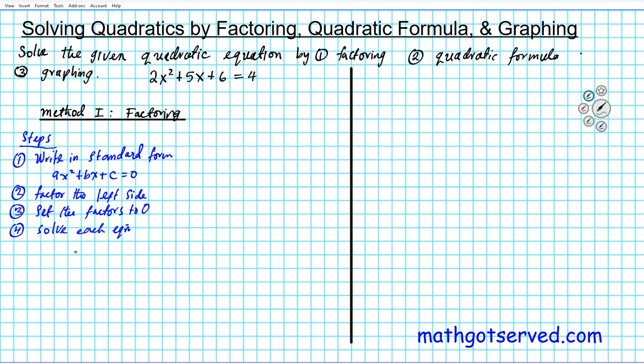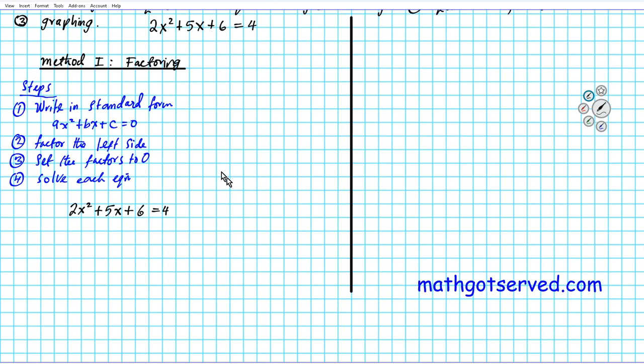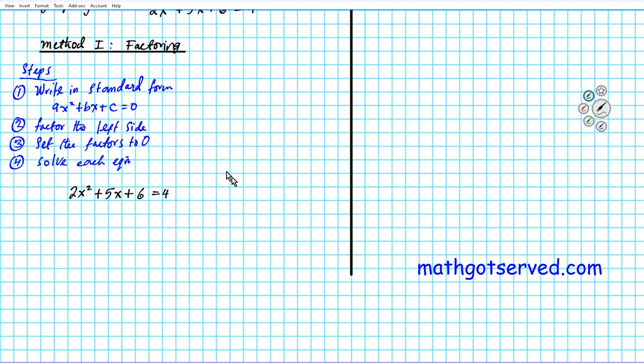Alright, so let's apply this to the quadratic 2x squared plus 5x plus 6 equals 4. First things first, we want to put it in standard form. Obviously, it's not in standard form because it is not equal to 0. So what we're going to do is fix that.